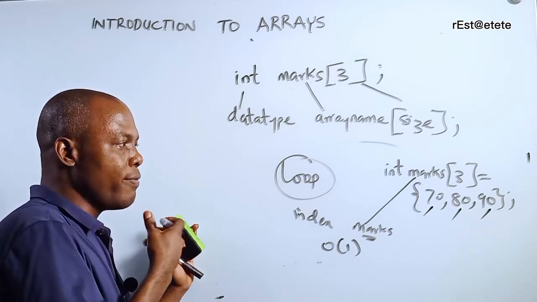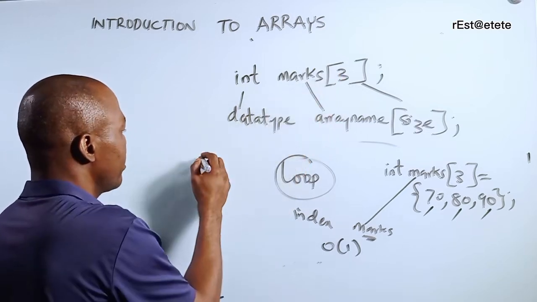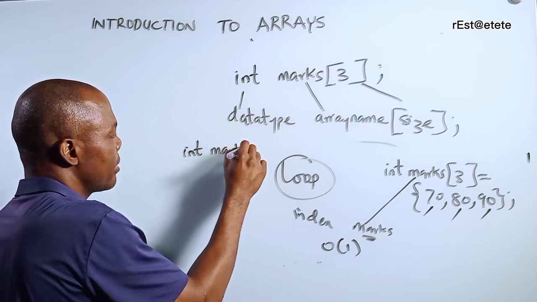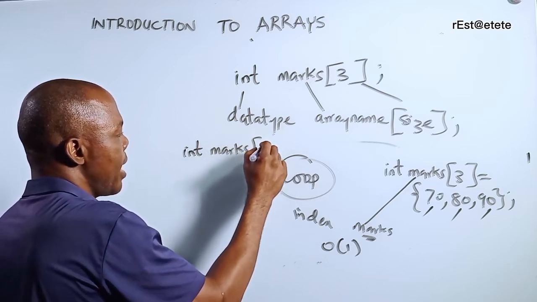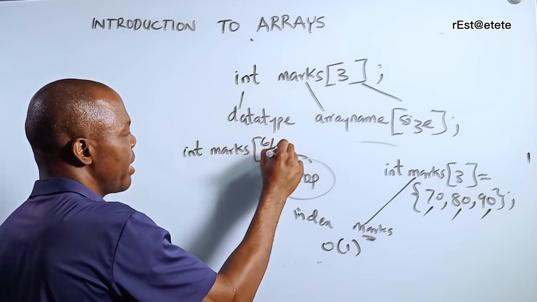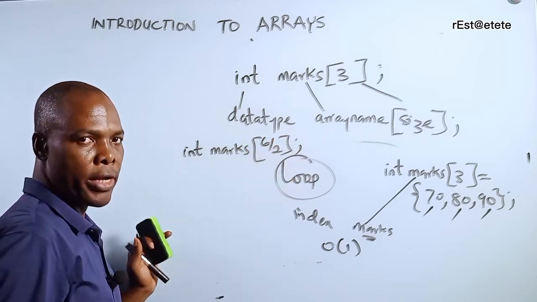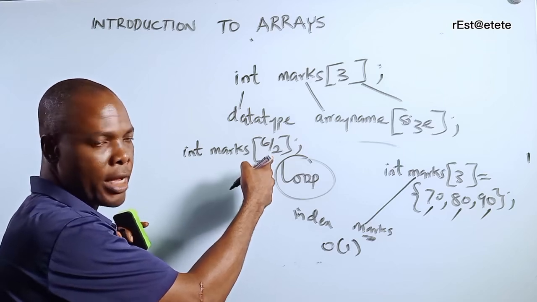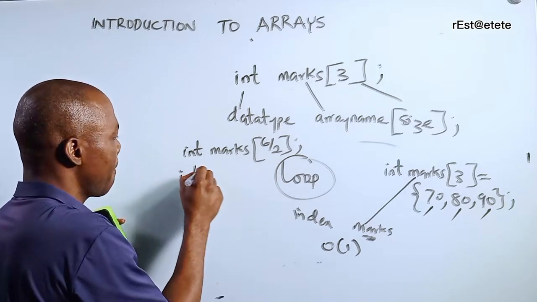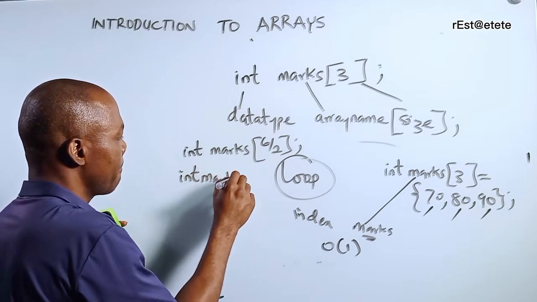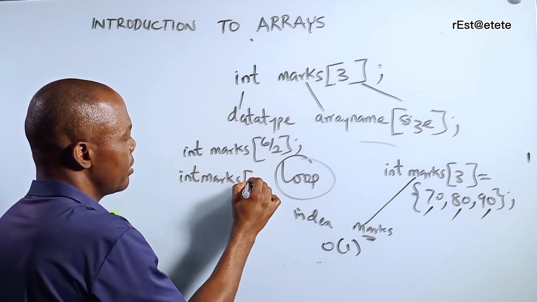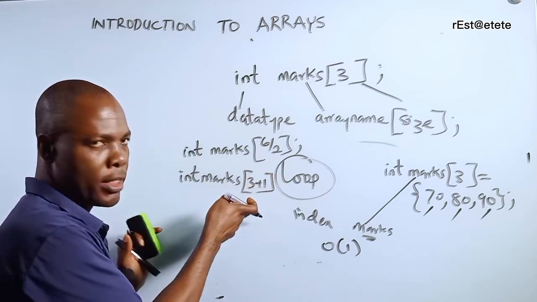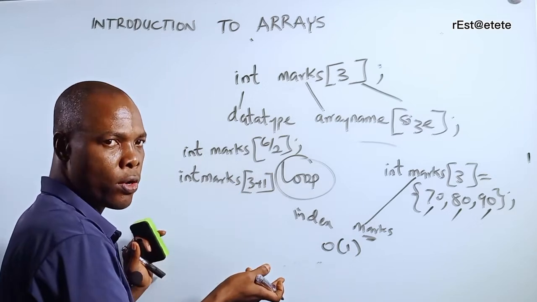So what are the variants of an array? Like this, if I say int max[6/2], this is still correct because this will evaluate to 3, which is a positive integer. If I say int max[3+1], this is still correct because this will evaluate to 4.